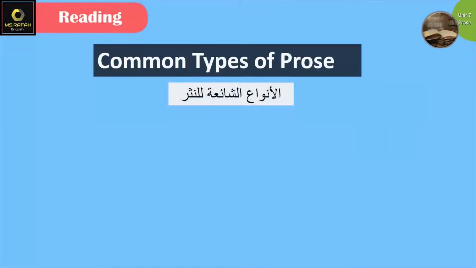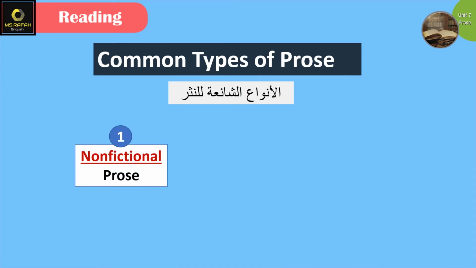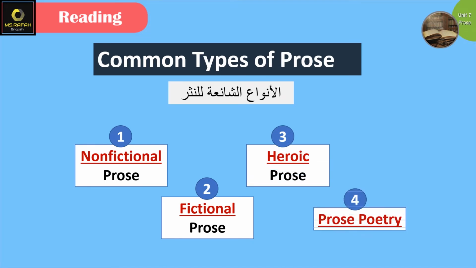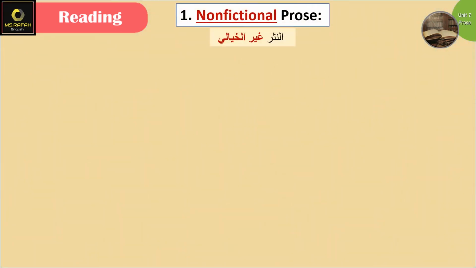Now let's see the common types of prose. We have non-fictional prose, fictional prose, heroic prose, and prose poetry. Let's see the first one, non-fictional prose.